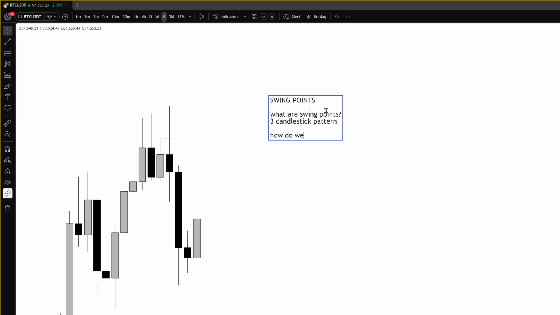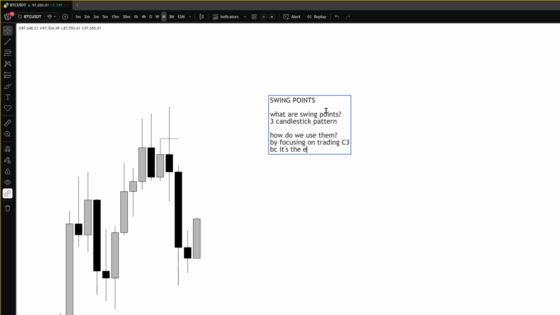How do we use them? By focusing on trading candle 3, because it's the distribution candle, but I want to use a different word.